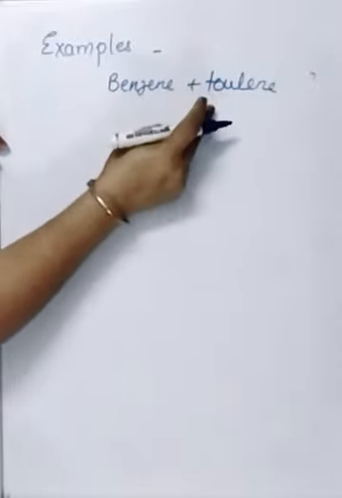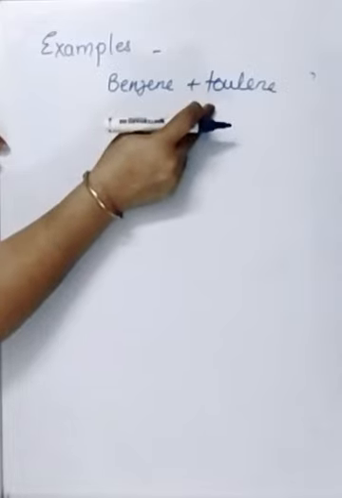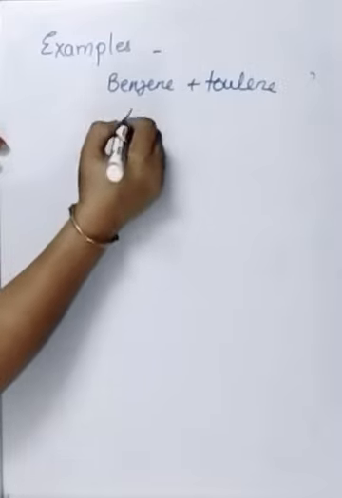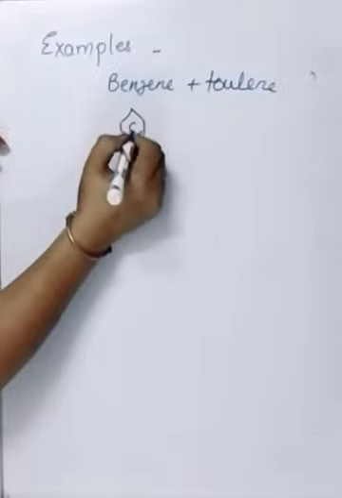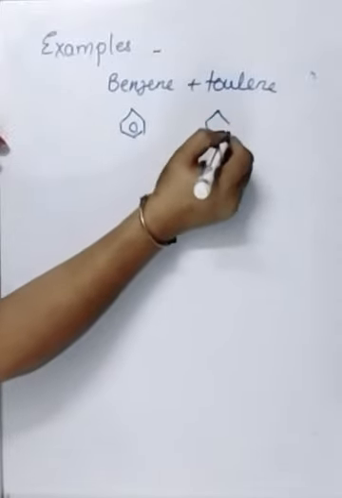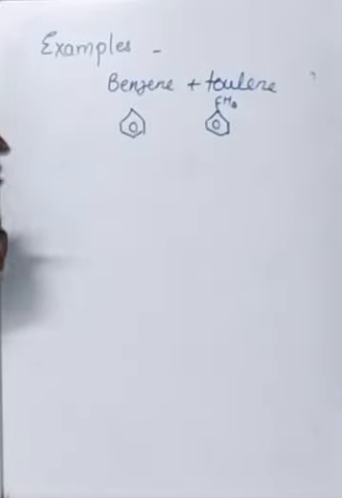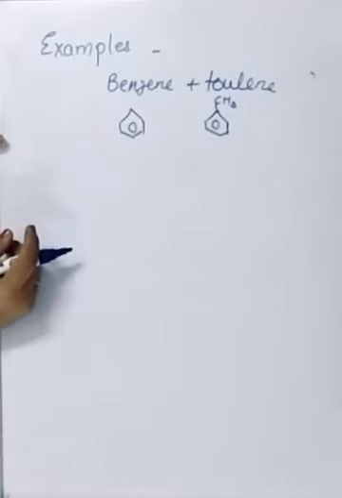They are from the same homologous series, so they have the same structure, same molecular size, and also comparable force of attraction. If you see benzene, it is like this, and toluene is the next homolog of the series, so their structure is similar, molecular size is comparable, and force of attraction is also comparable.